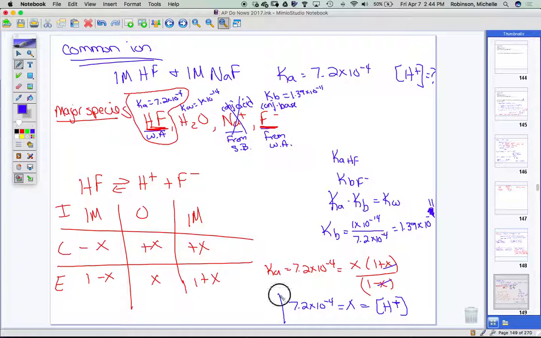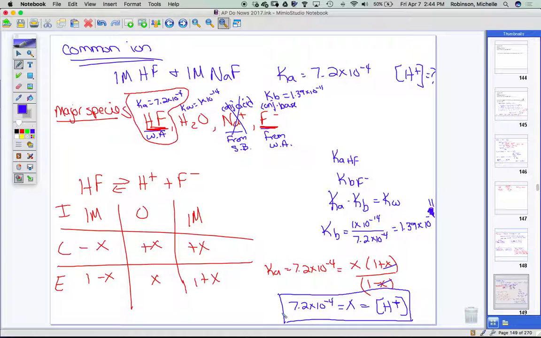How does that concentration compare to that first sentence? That first sentence says a 1 molar solution of HF, so nothing else in the solution but HF, dissociates to give 2.7 times 10 to the negative second molar H plus ions. What happened when we had this common ion in there?